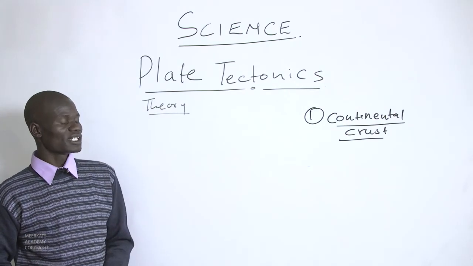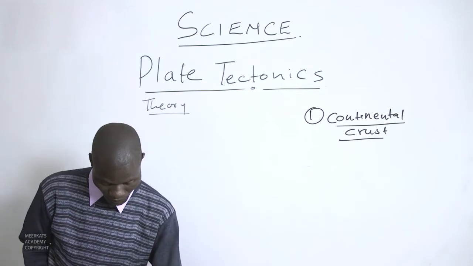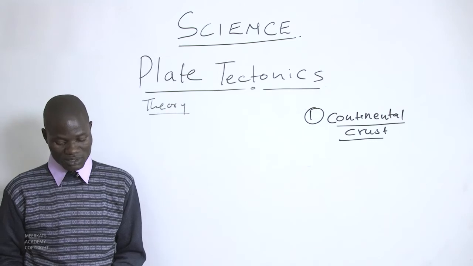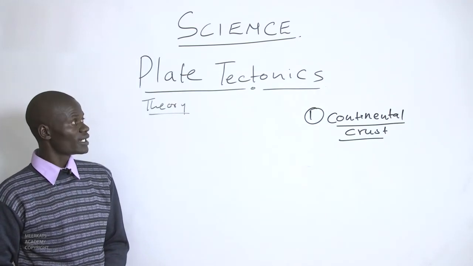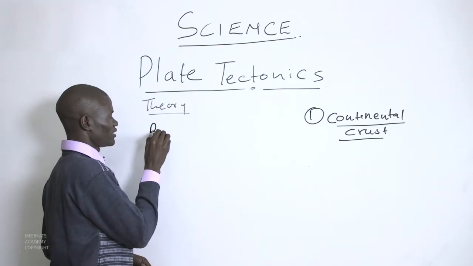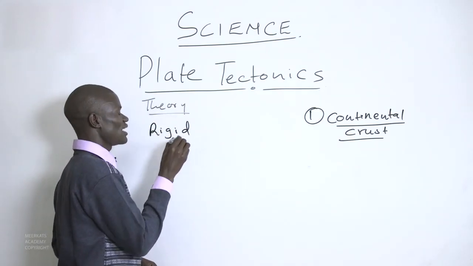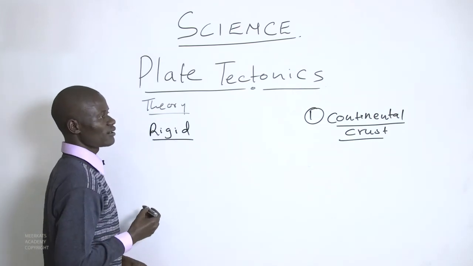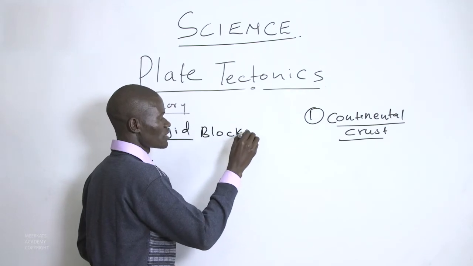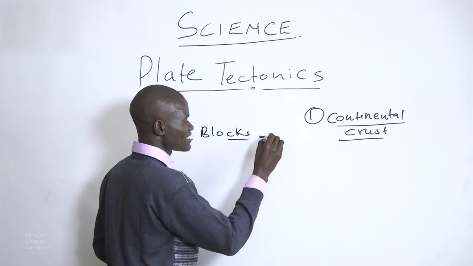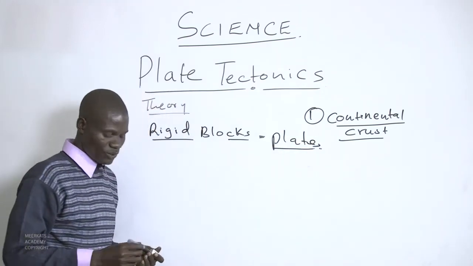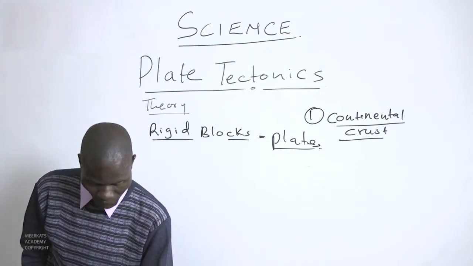After understanding the continental crust, it is made up of rigid blocks. These blocks are called plates. We learn that the structure of the earth is made up of rigid blocks, and we just call them plates.